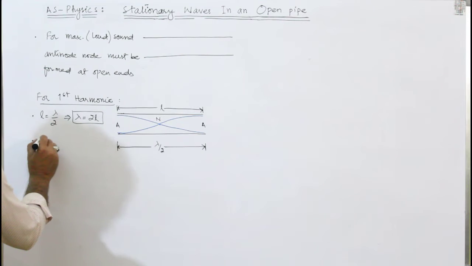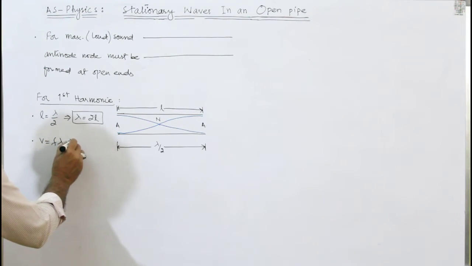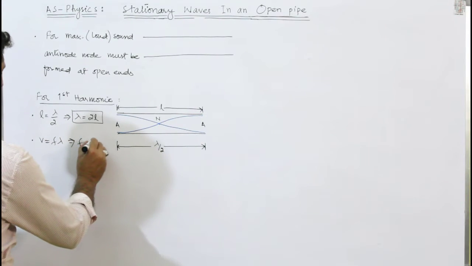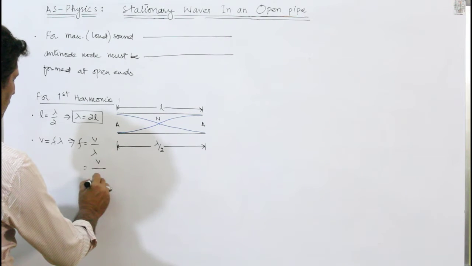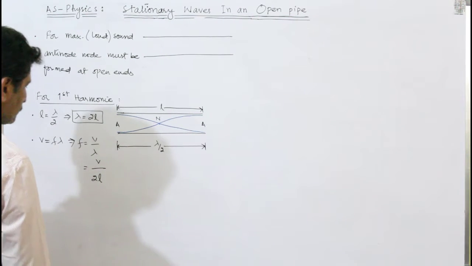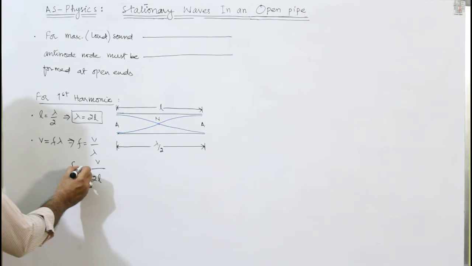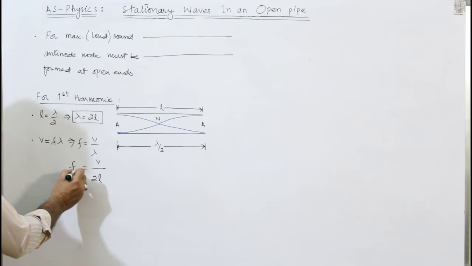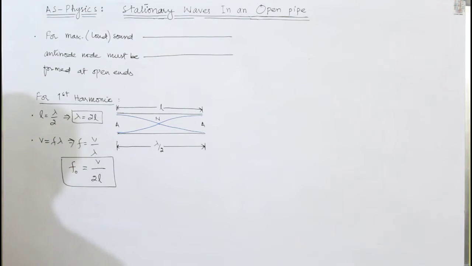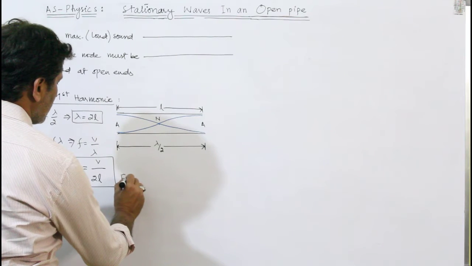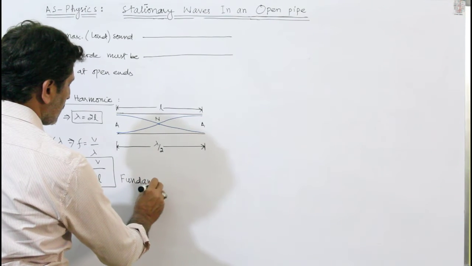Now to calculate the frequency, we will use the wave equation, v equals f lambda, so frequency becomes v over lambda. Now we can substitute the value of lambda, that is 2L. Because it is the first loud sound and the first harmonic, and this is the minimum frequency, it is called the fundamental frequency.